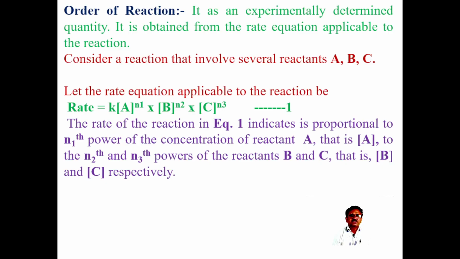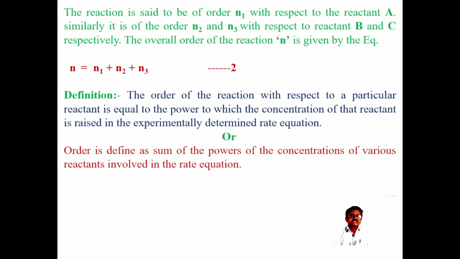So the rate of the reaction in equation 1 is proportional to the n1th power of the molar concentration of reactant A, and proportional to the n2th and n3th powers of the molar concentrations of reactants B and C respectively.